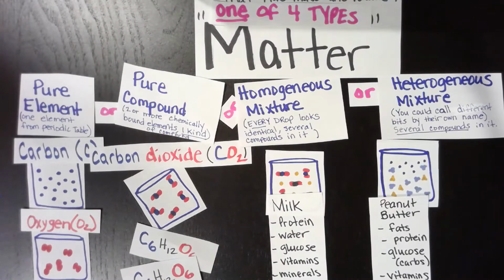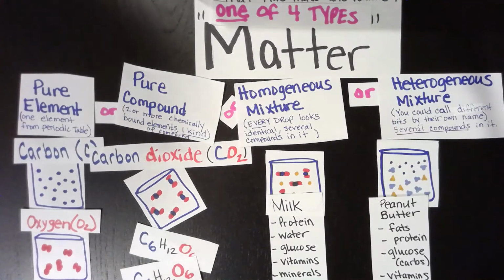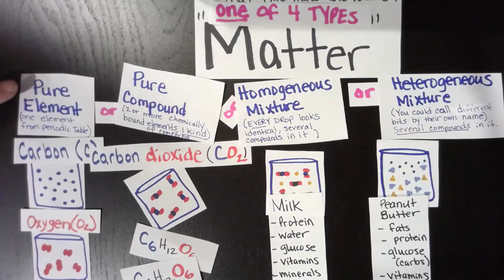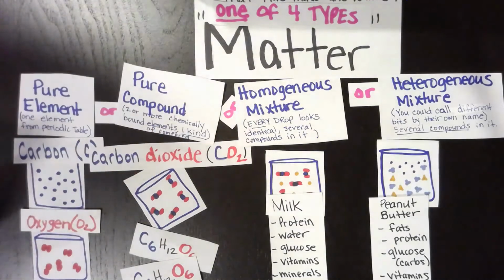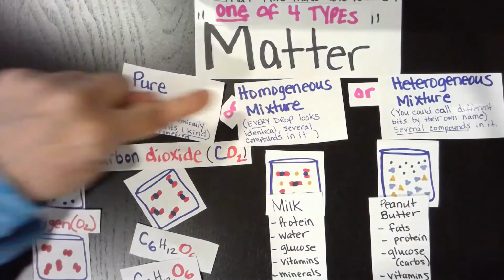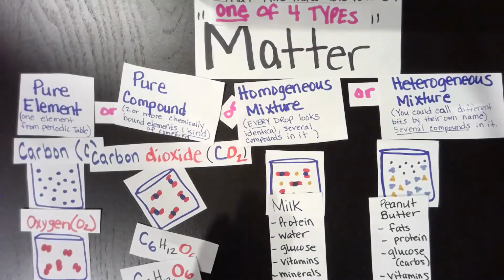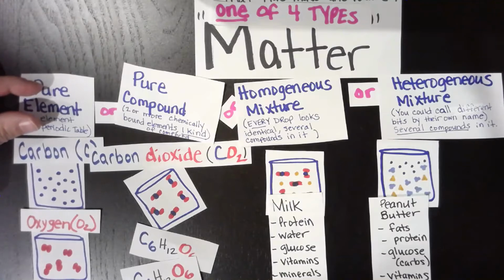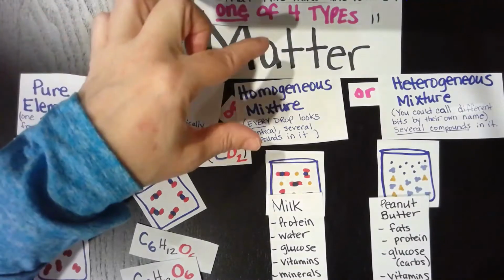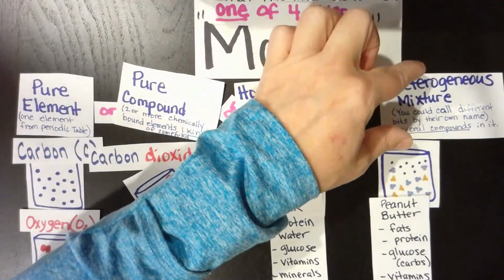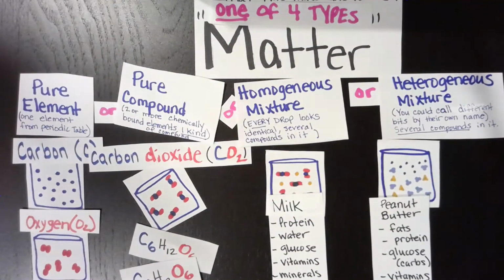One of the things that I noticed on the original quiz that I gave was that people would say things like pure mixture or heterogeneous compound. Please do not mix up words from different columns. These go together: pure and element, pure and compound, homogeneous and mixture, heterogeneous and mixture. You cannot mix back and forth between columns.